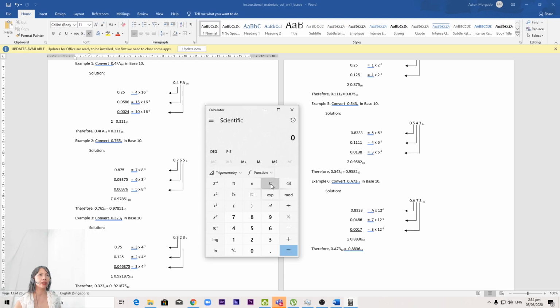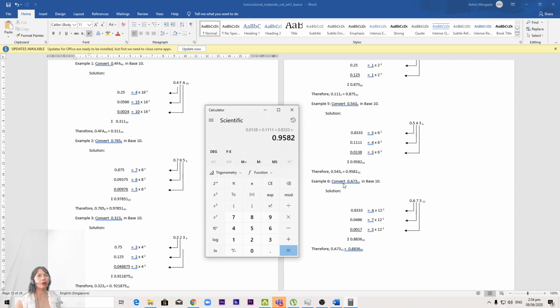Let's try again. 0.0138 plus 0.1111 plus 0.8333. Then the answer is 0.9582. So 0.543 base 6 is actually equal to 0.9582 base 10.